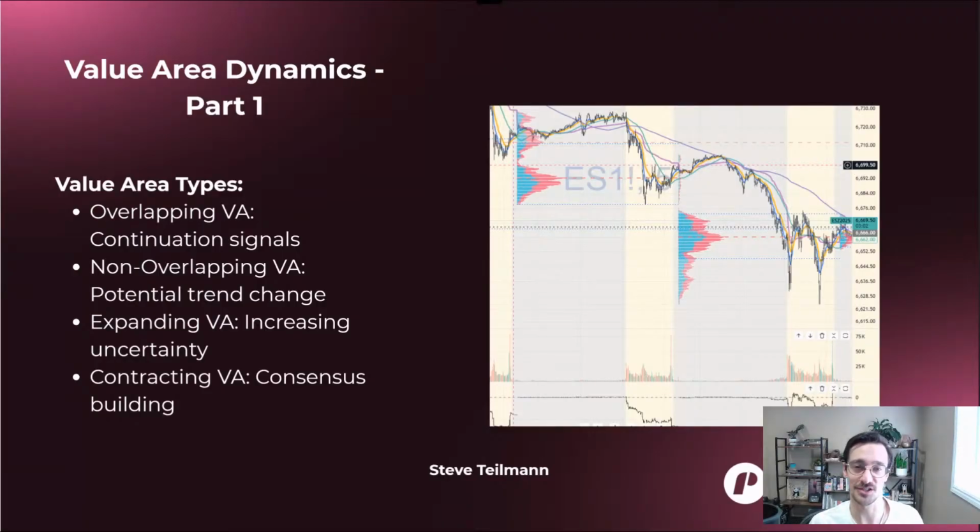It's showing less coherent structure, signaling either fear or that there isn't an established fair value, so to speak. It's in flux, and it needs to find price acceptance at a certain level before it tightens up. So in general, increasing uncertainty: expanding value areas are a sign that some volatility is probably underway here.